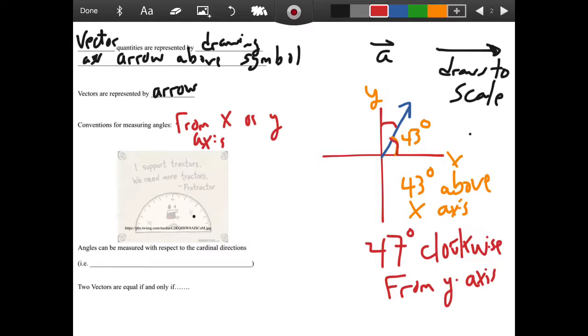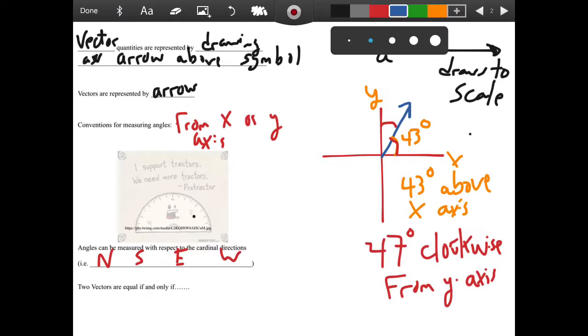But a lot of times we'll just say with respect to the cardinal directions. So the cardinal directions: we have north, south, east, and west. If I draw kind of a compass here, this is north, never eat shredded wheat.